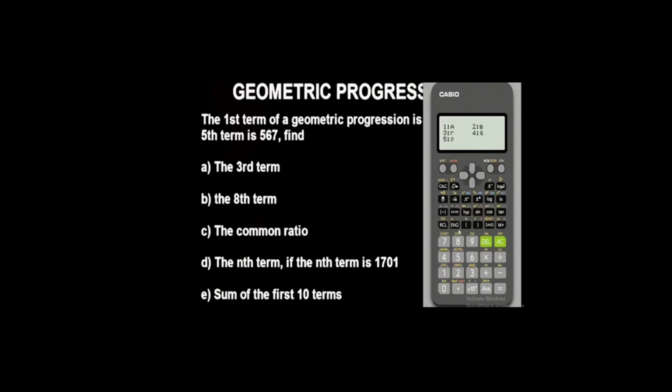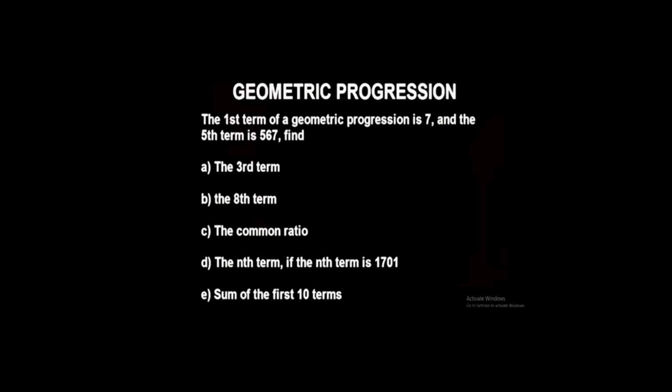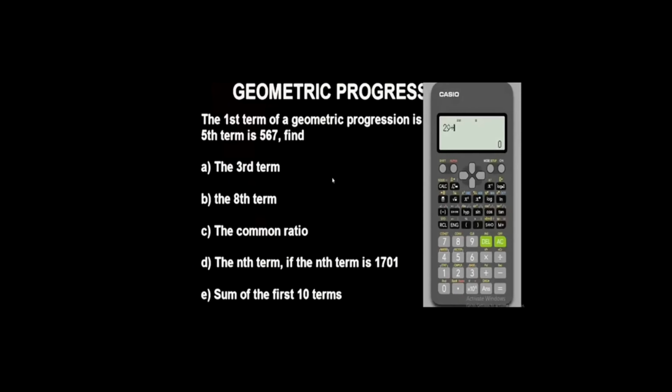Go for this symbol in option 5. Now ratio in maths means division. So it's going to be 2, this regression symbol, divide the first term, which is 7. So that's it, guys. Let's press equal to get the common ratio. The common ratio is 3.